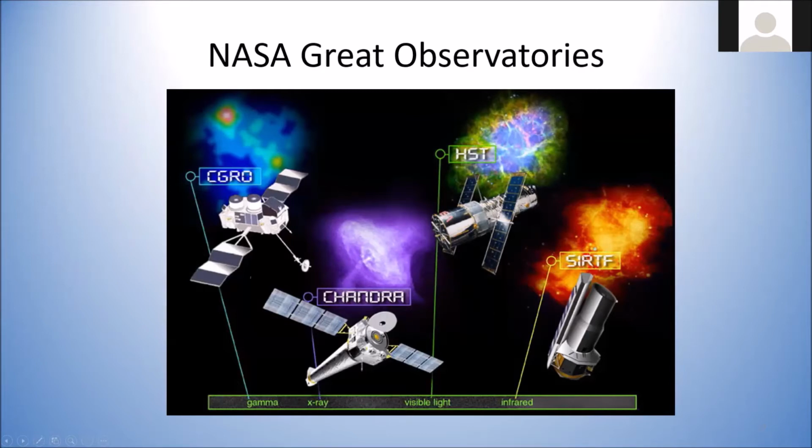On the left, we have the Compton Gamma Ray Observatory, followed by the Chandra X-ray telescope, and the one I worked on, the Hubble Space Telescope, and then finally the Space Infrared Telescope Facility in the IR.